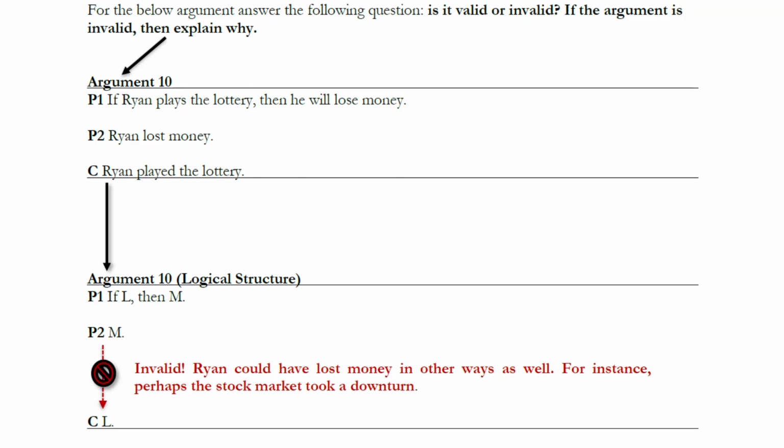We should notice here that this argument has precisely the same logical structure as the invalid argument 2 that we discussed prior. In fact, any argument that has this structure will be invalid, regardless of its specific content. As we will see in our next video, this is actually one of the most common forms of invalid argument that is often mistaken for good reasoning. But we will have more time to discuss that later on.